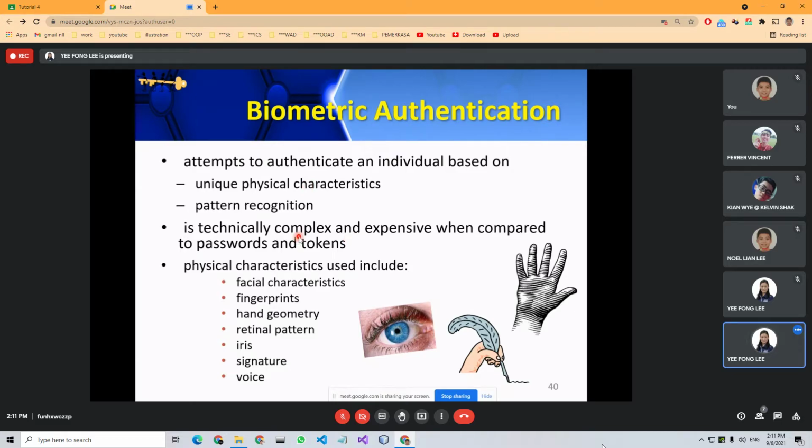Complex and expensive. So the most common are the following: facial characteristics. Some smartphones, other than fingerprint, also recognize facial characteristics with a face recognition system. Then hand geometry, retinal, iris, signature, and also voice.